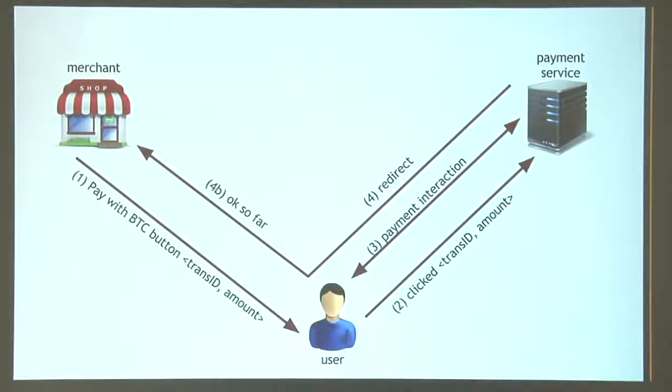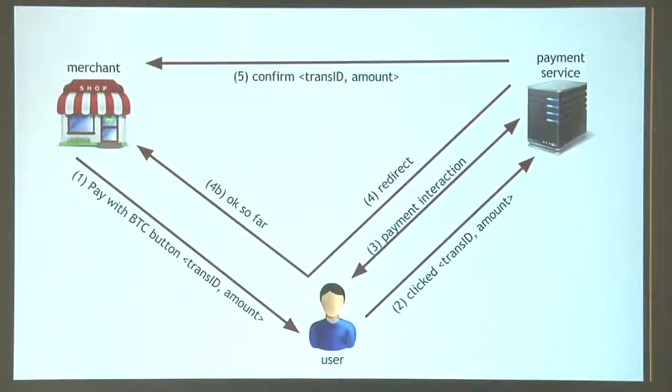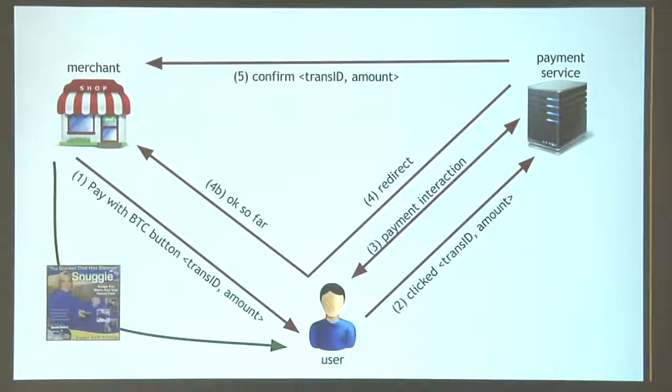And then later, the payment service will directly send a confirmation saying that yes, in correspondence with this transaction ID that you, the merchant, created, the following amount was spent, that this is fully confirmed in the Bitcoin blockchain, and the payment service will confirm that it's giving you the money at the end of the day. So once that happens, now the merchant knows that the payment is confirmed, and they can go ahead and allow whatever the item is that this user bought to be shipped out to the user.